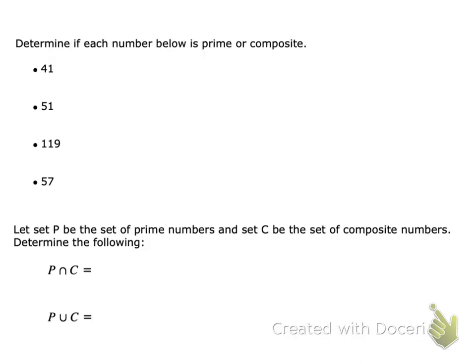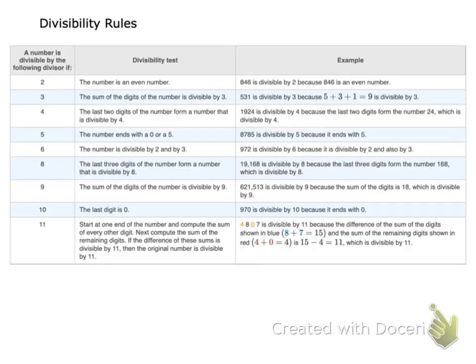All right, so after that, we just have a little more practice. So I'm going to skip ahead for a second. Look at this chart with me. So these are divisibility rules.